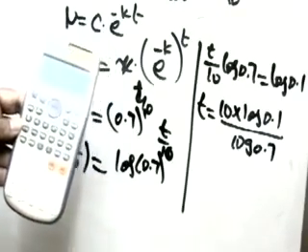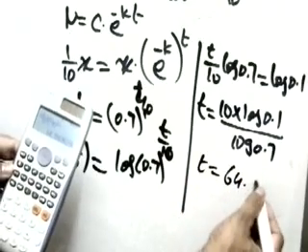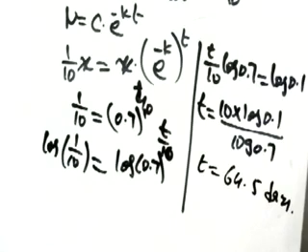So we'll get the value of t. T will be approximately 64.5 days. The question is given in days, so we have to write days. If the question is given in hours, we will write hours. Therefore, after 64.5 days, the amount left will be 10%, that is, 90% has disappeared.